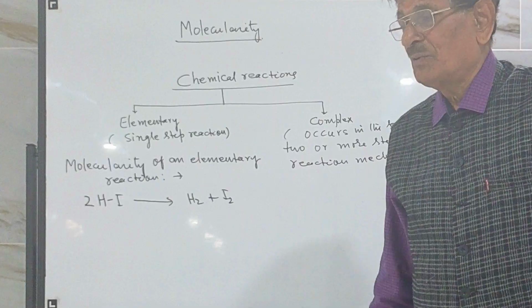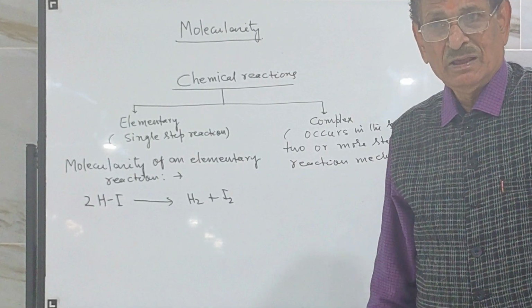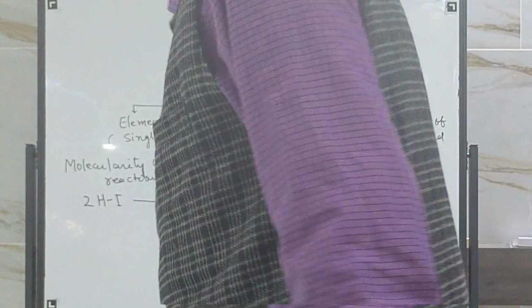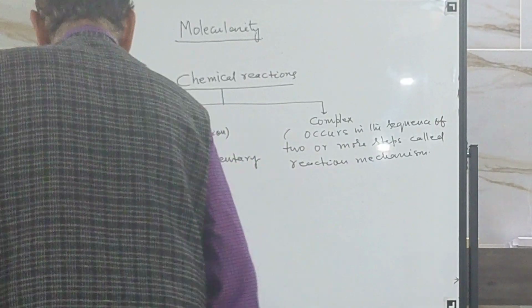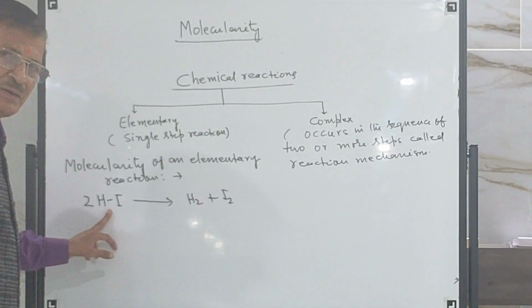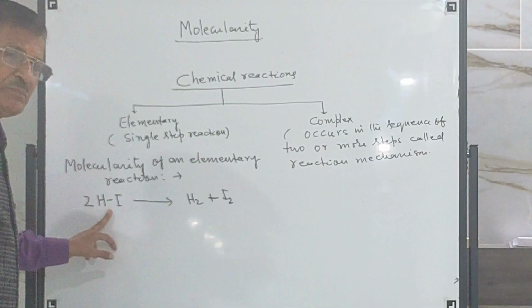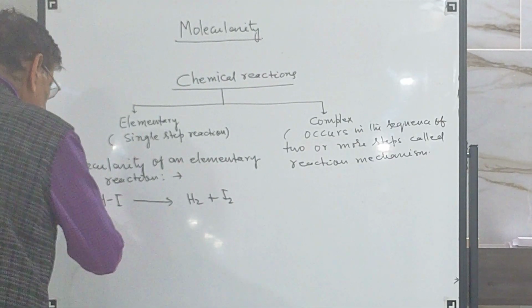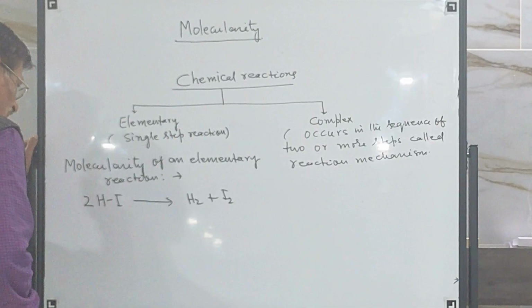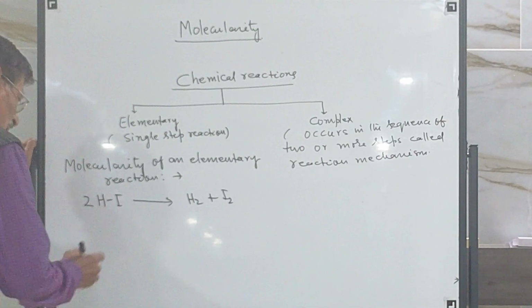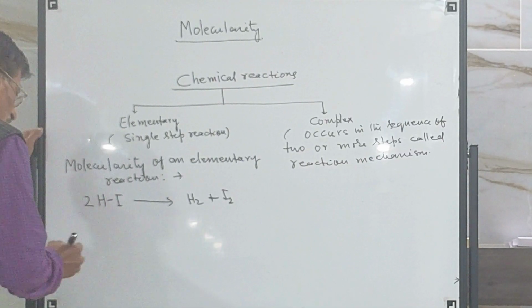Now the question arises: from where does the energy come? How does the reactant molecule receive its energy for breaking the bond? Actually, reactant molecules receive energy for breaking the bond by collision between themselves. That is, in this reaction, the energy is acquired by collision between them.